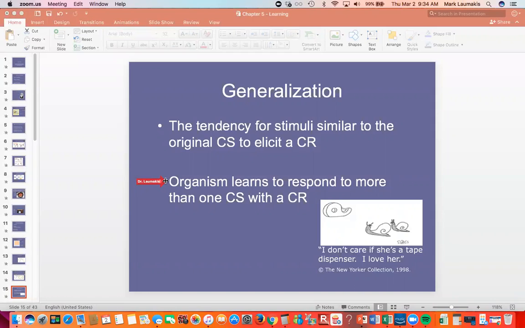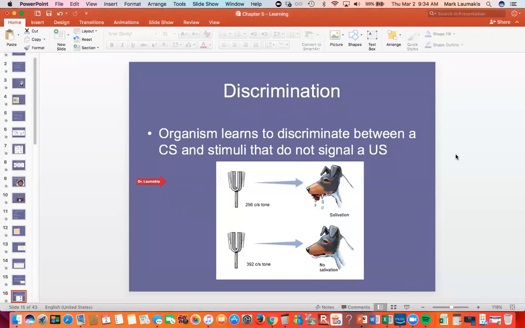So I'm starting to respond to more than one stimulus with a conditioned response. So if, for example, I started blinking in response to a picture of somebody who kind of looks like Bruno Mars but is not him, that would be generalization. And discrimination would be a scenario where I can make a distinction and I respond to one picture but not to other pictures.